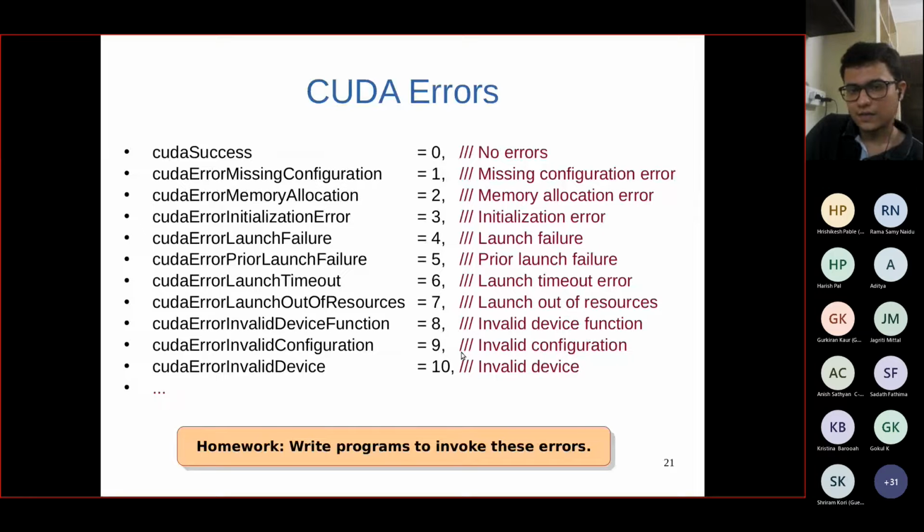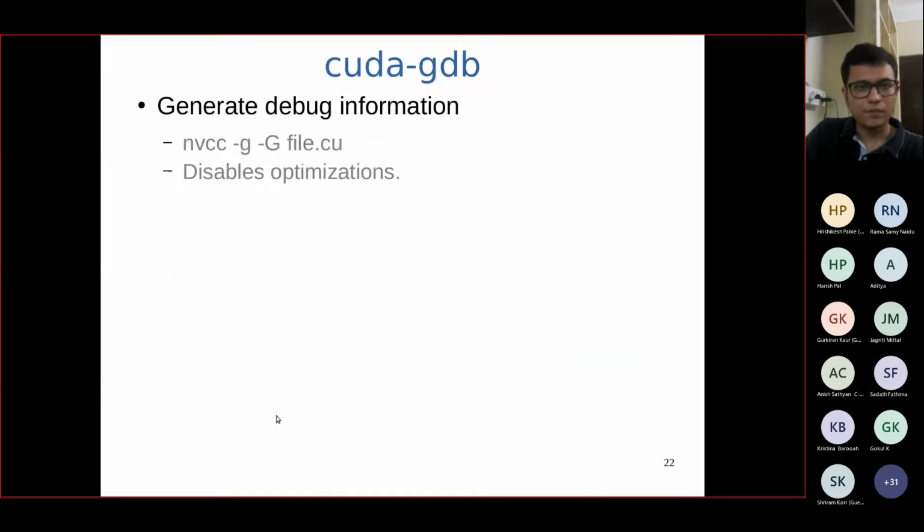And 9 represents an invalid configuration, that probably you are launching a kernel with an invalid configuration, and so on. So you can try to write a program to invoke each and every type of error from 0 to 10, and I'll leave this as homework for you.